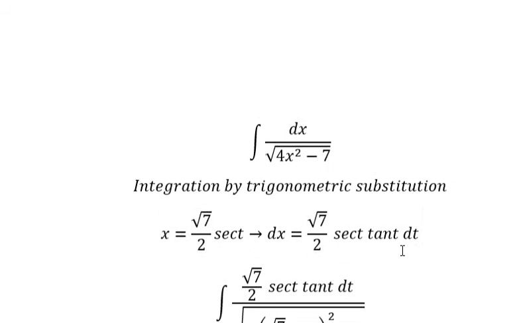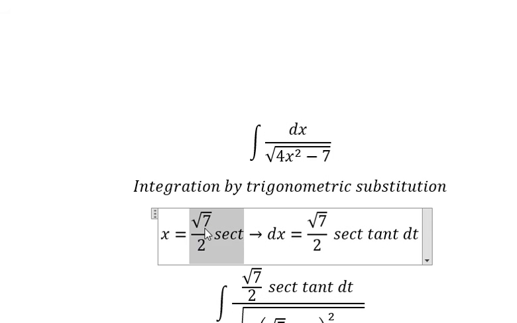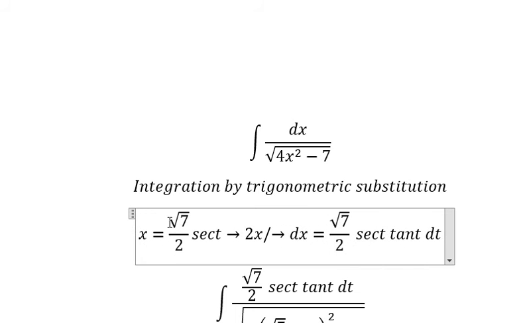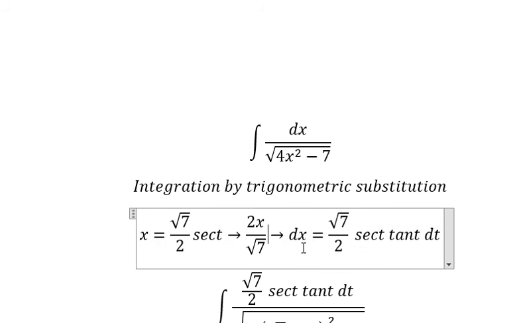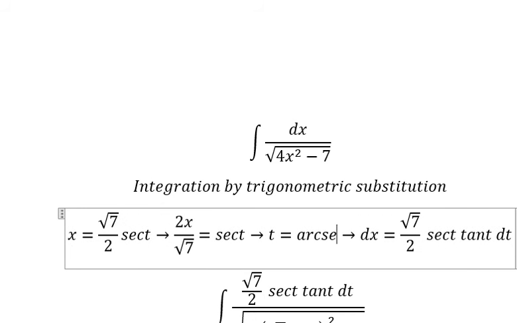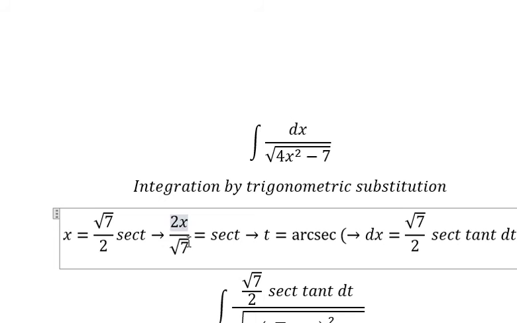About t, that's this one. So we divide both sides by the square root of number 7 over 2. And we get t equal to arc secant of this one.